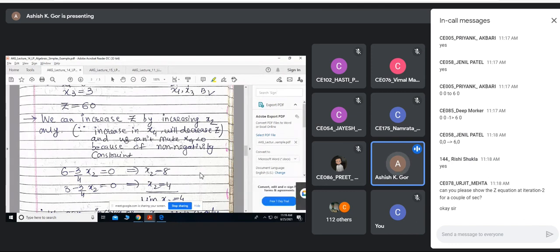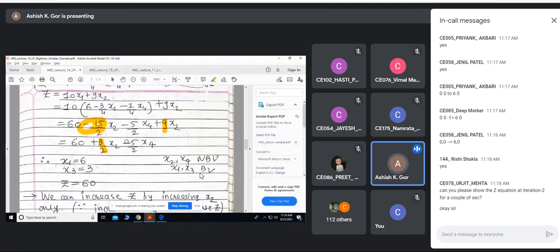Now you see, this is definitely not the terminating point. Now how to know whether we reached the solution or not? That is the third criteria. Look at Z and see, can I improve the solution further?